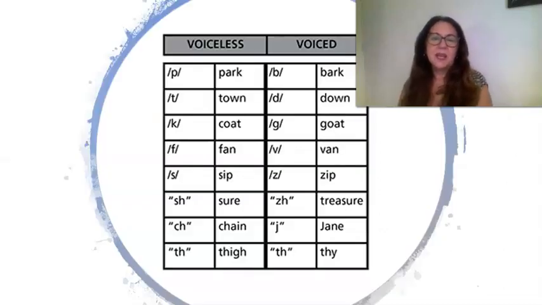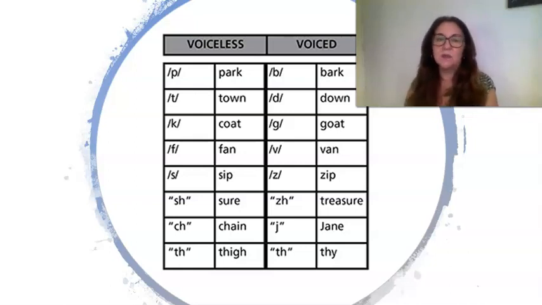Okay. Here we have some examples of voiceless and voiced consonants. In this case, they are pairs of consonants, and they are pairs because they have the same place of articulation. Let me give you an example of what I am saying. The sound P is a bilabial sound.